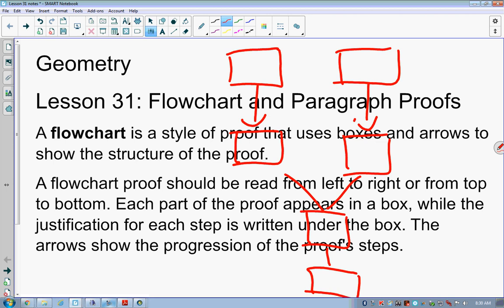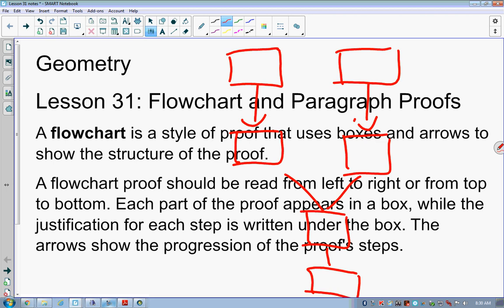Between this and a two-column proof, it's just appearances. It's not any different information. You could take a two-column proof and turn it into a flowchart with all the exact same information. What goes inside the box is your statement.